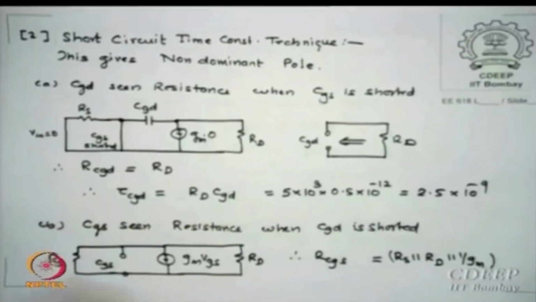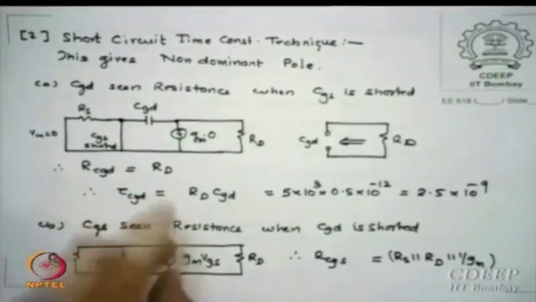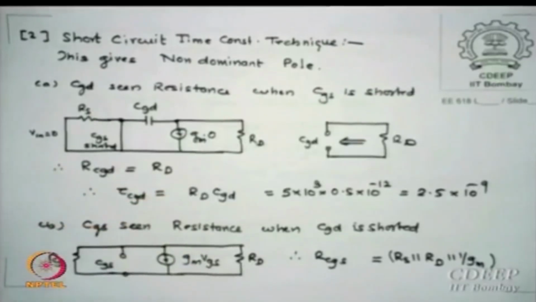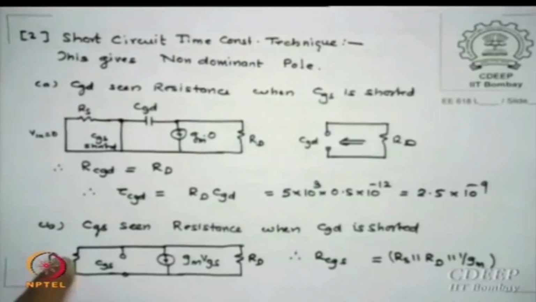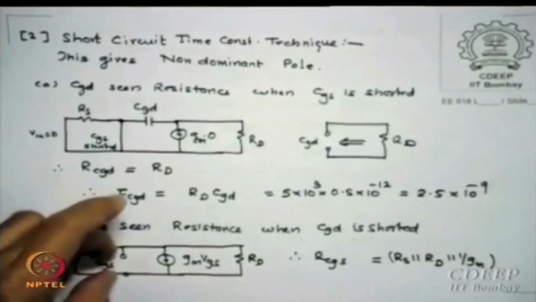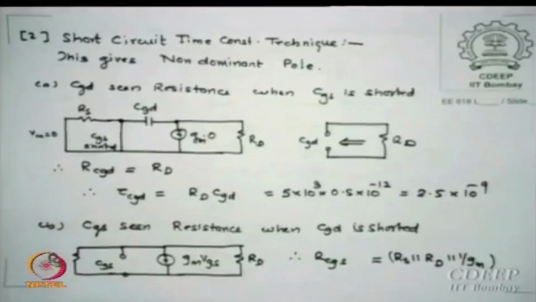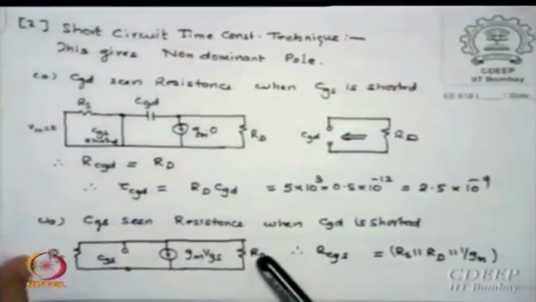However, you can see from here, this is VGS and this is also VGS. If the same voltage, the gm VGS voltage drop, is across a current source, what is the meaning? The equivalent resistance of 1 upon gm. So you can see RS parallel RD parallel 1 upon gm is the resistance seen by CGS. So how much is RCGS? RCGS is RS parallel 1 upon gm parallel RD.